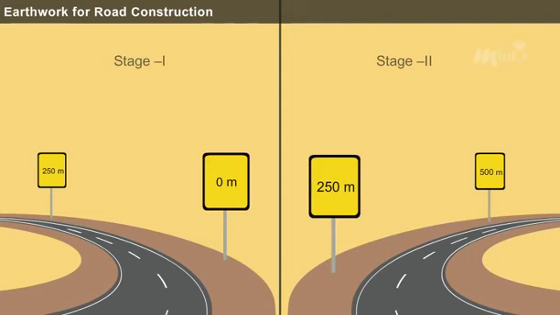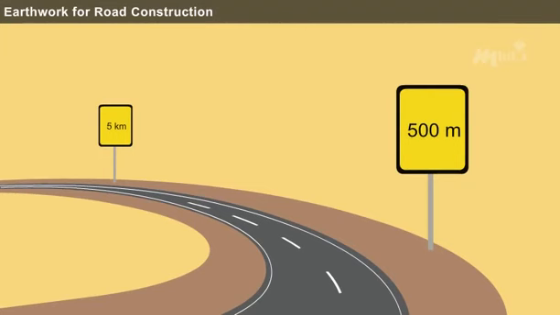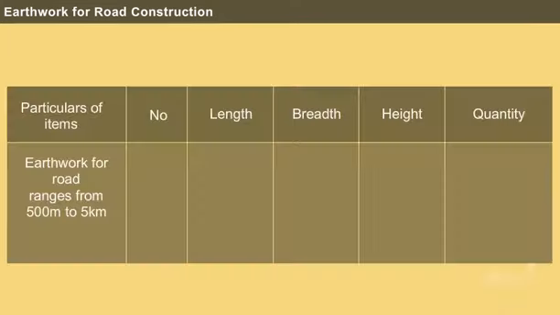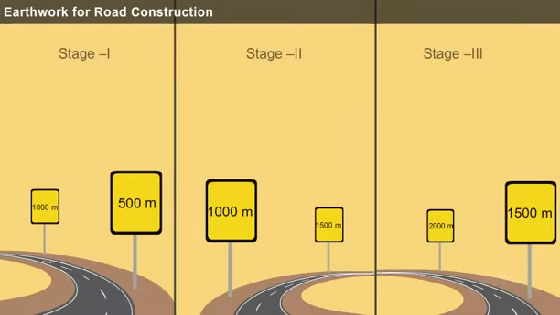Stage 1. 0 meter to a distance not exceeding 250 meters. Stage 2. 250 meters to a distance not exceeding 500 meters. For a distance of 500 meters to 5 kilometers, the unit of lead is taken as 500 meters and the item of work is measured separately in different stages as follows.